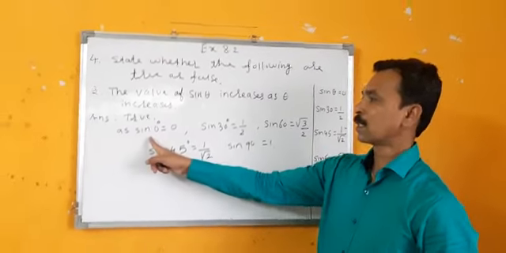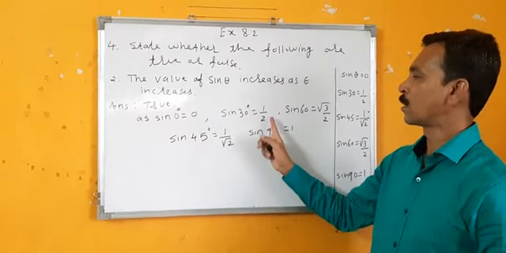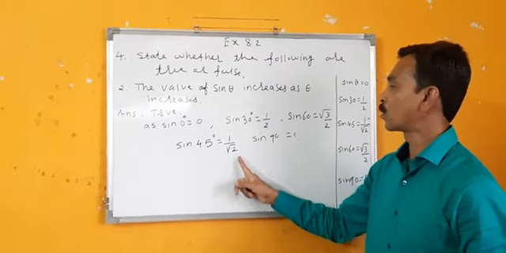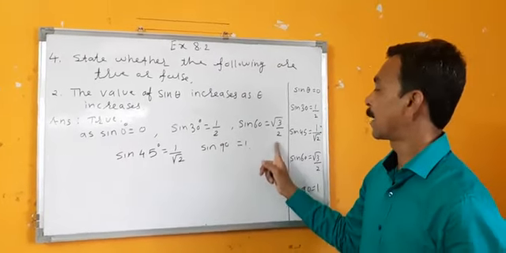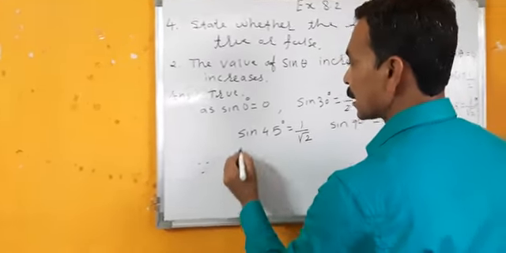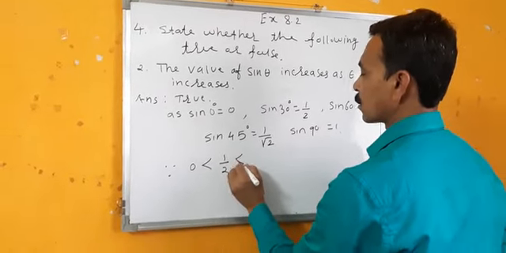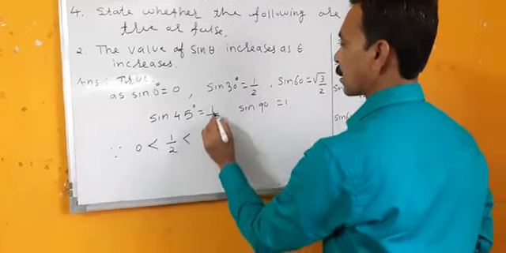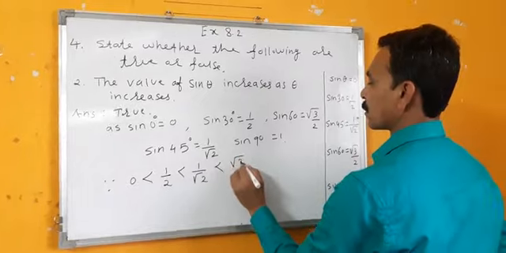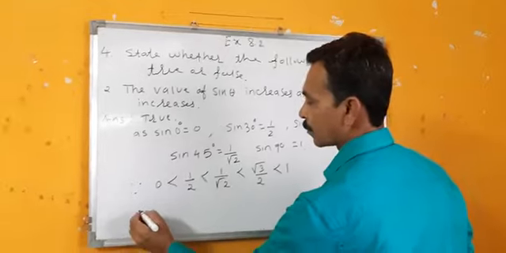First, we'll take the value of sine 0 as 0. Sine 30 is equal to 1 by 2. After sine 30, take sine 45 as 1 by root 2. Then sine 60, root 3 by 2. Then sine 90. Since 0 is less than 1 by 2, 1 by 2 is less than 1 by root 2, which is less than root 3 by 2, which is less than 1.